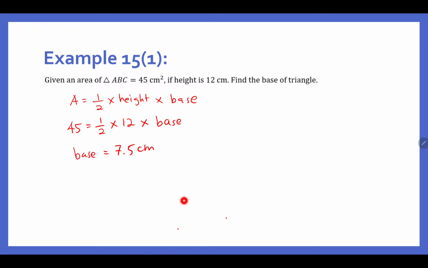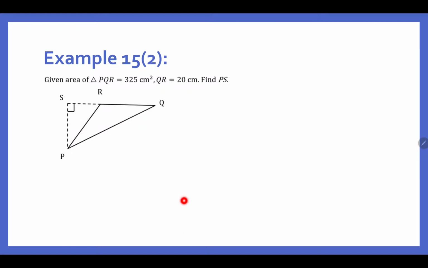Kita ada 3 formula tadi yang kita dah tengok. Okay, number 2. Given the area of triangle PQR equals 325, QR here is 20, and find PS. PS ni apa? PS ni tinggi dia, kan? So kita guna formula pertama. Area equal 1 over 2 times height times base.